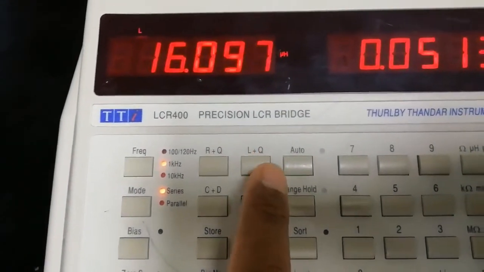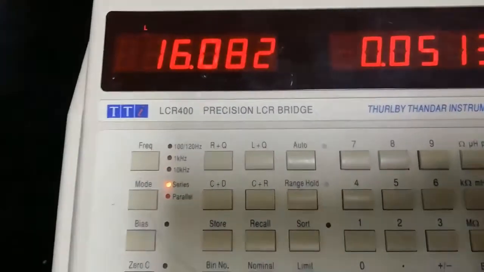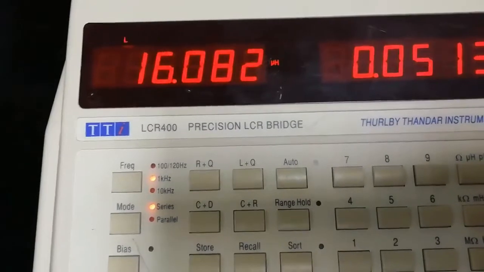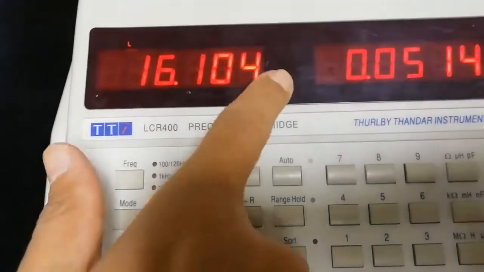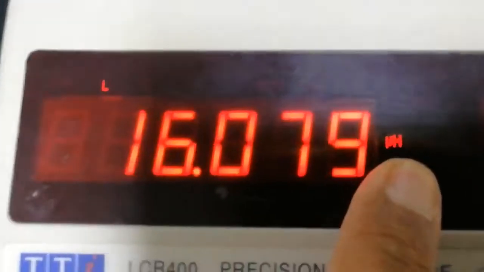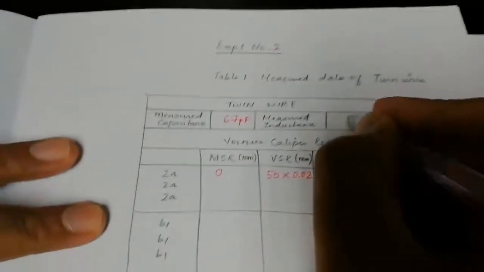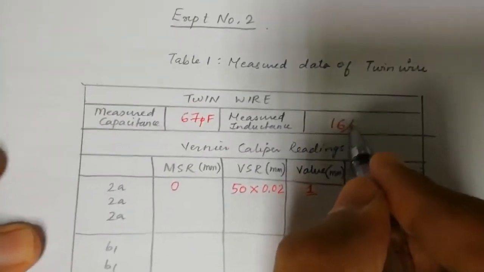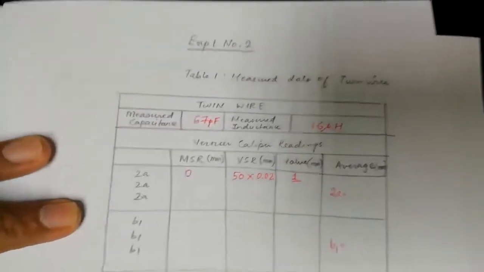So auto will go away and we will see the inductance per unit length. So it is around 16 microhenry. Okay, 16 microhenry. So this value we are going to write here. So it is 16 microhenry.